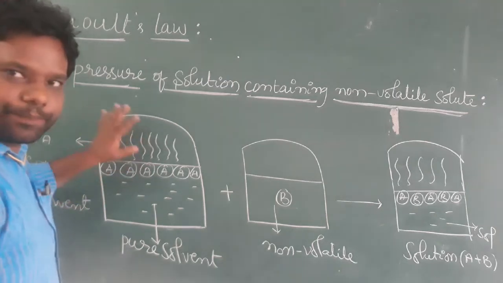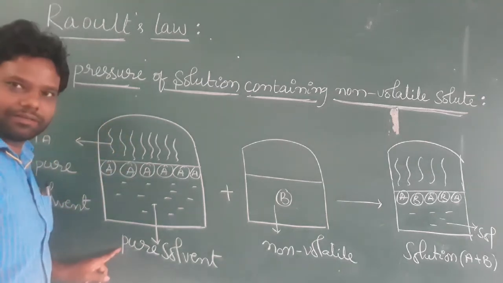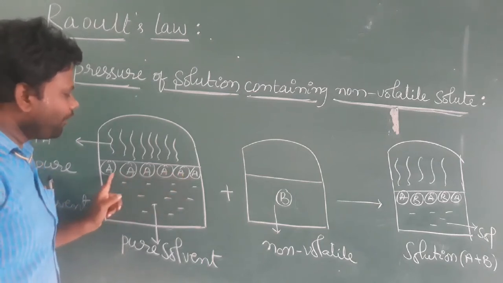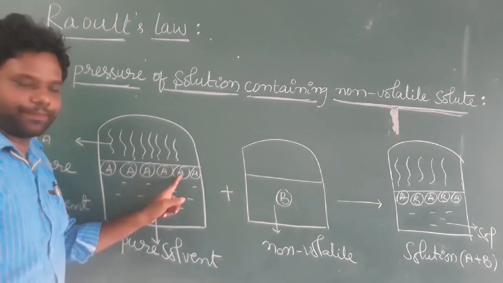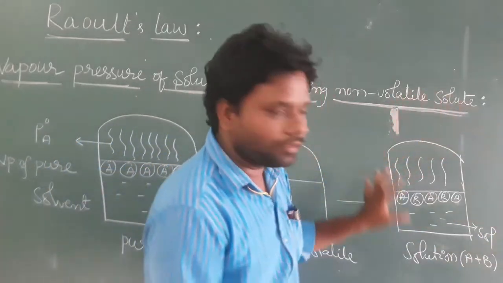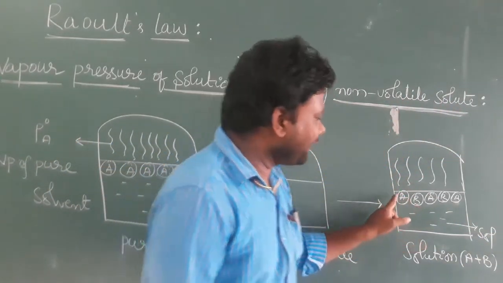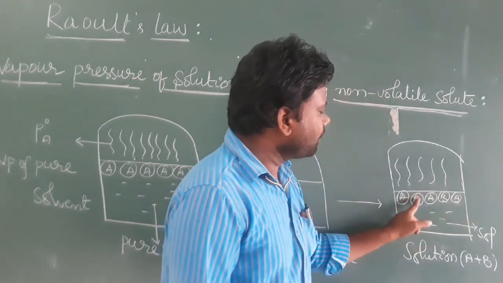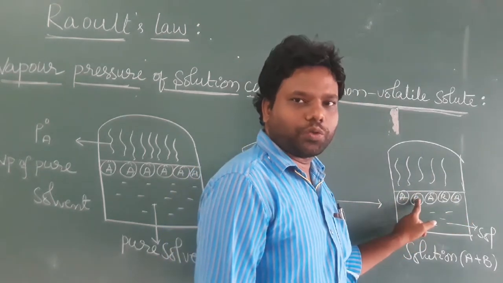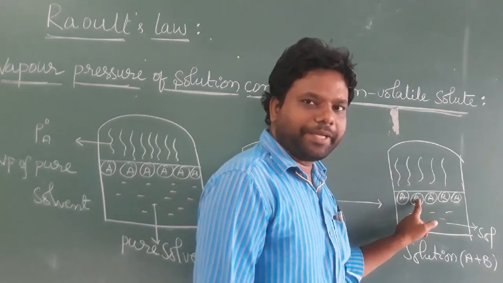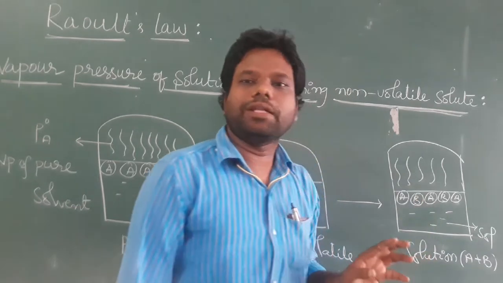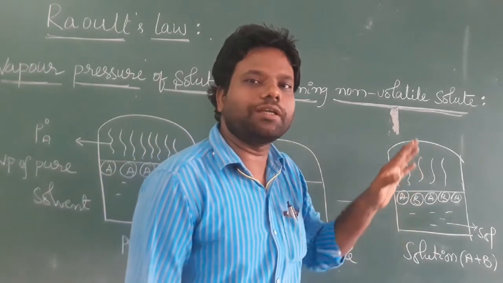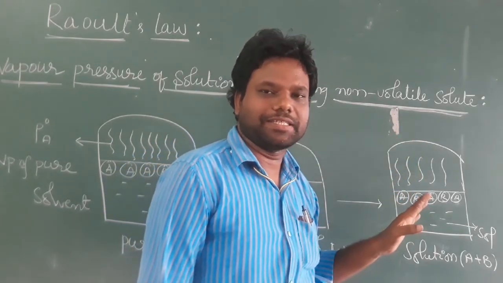Look here, in pure liquid solvent, the entire surface is occupied by the solvent liquid molecules. We observe in solution, the entire surface is occupied by both the solute and solvent molecules. That means when non-volatile solute is added to the solvent, the vapor pressure of the solution decreases.